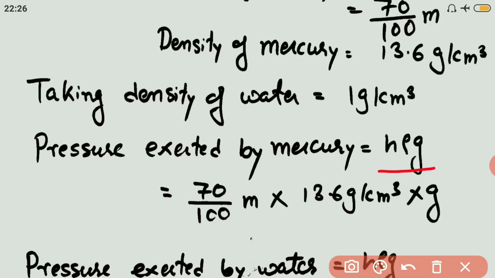Now you must be wondering why the density is not converted into SI units. Because they get cancelled, therefore I am not converting them. So the pressure exerted by mercury is H rho G, which is 70 upon 100 meter multiplied by 13.6 gram per centimeter cube into G, where G stands for acceleration due to gravity. Again I am not replacing the value of G, because they get cancelled out.